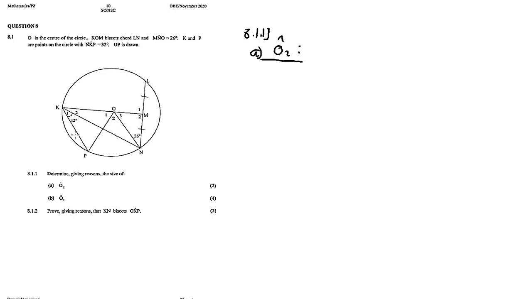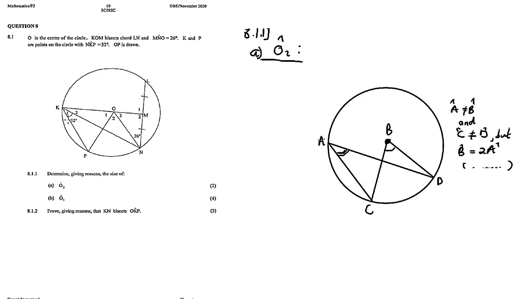32 and O2 are related. Let me explain. The angle at the center is equal to 2 times the angle at the circumference. Is it theorem number 2 or number 3?